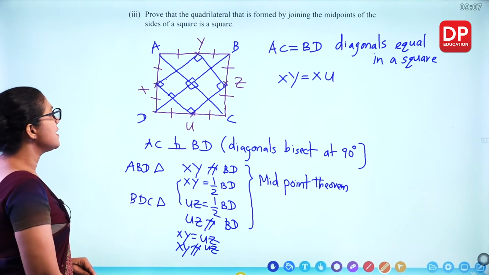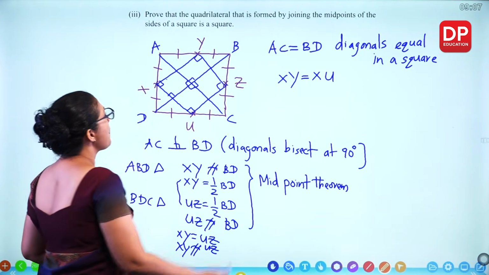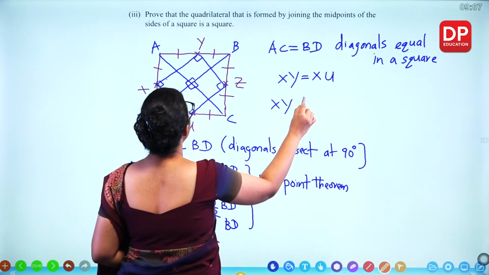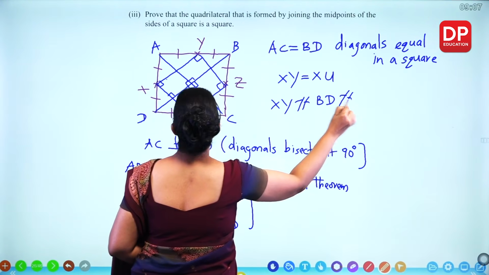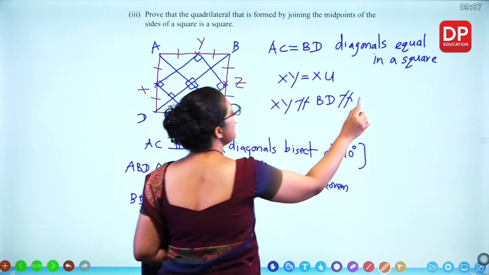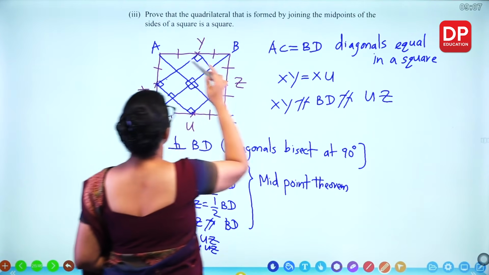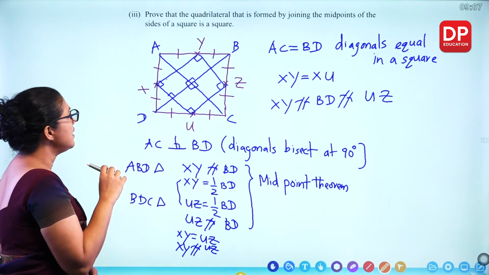So what's the reason? We can write down XY is parallel to BD as well as parallel to UZ. All these three lines are parallel.